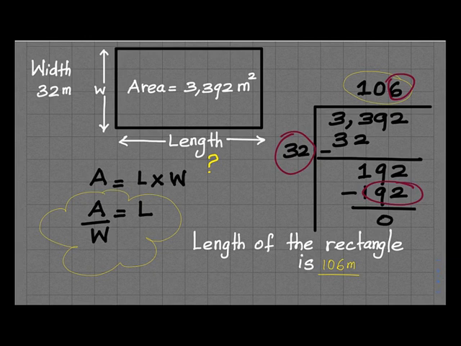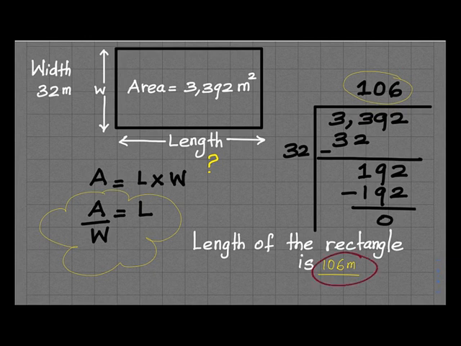So it's 192 minus 192, same number, is 0. So now we found the length of the rectangle. The length of the rectangle is 106 meter.